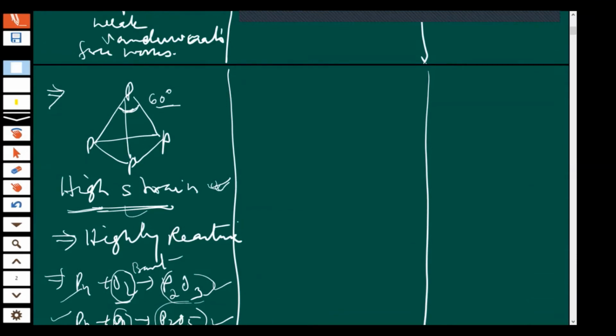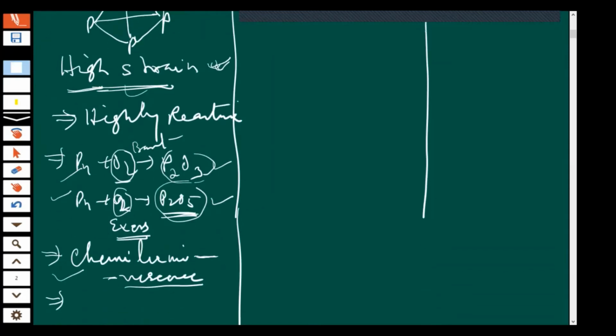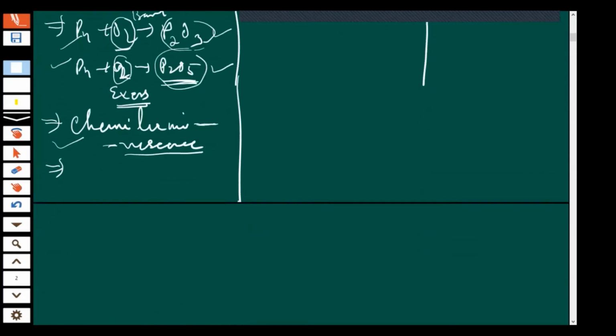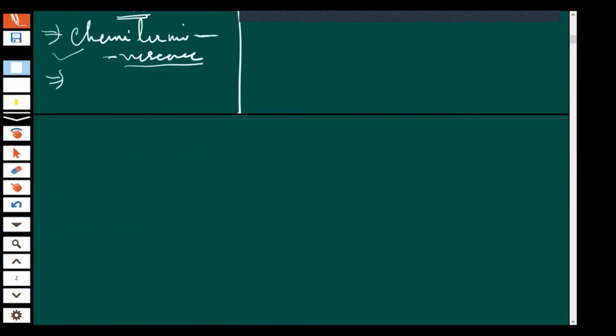Their atomicity is 4. Atomicity is equal to what? 4. Because in one molecule, 4 atoms are there, and their bondings are of this type. Please see the bonding. Next is, because they are non-polar in nature, they are insoluble in water.